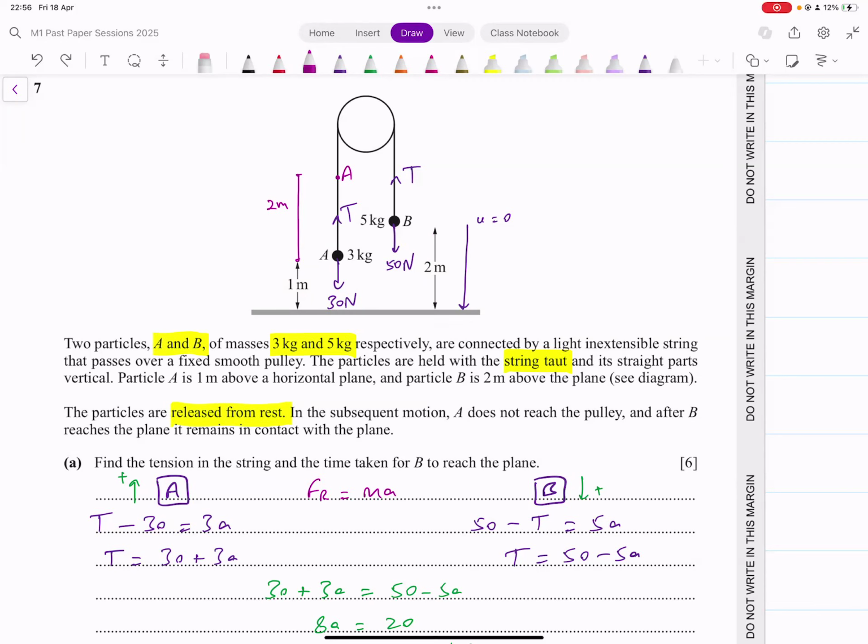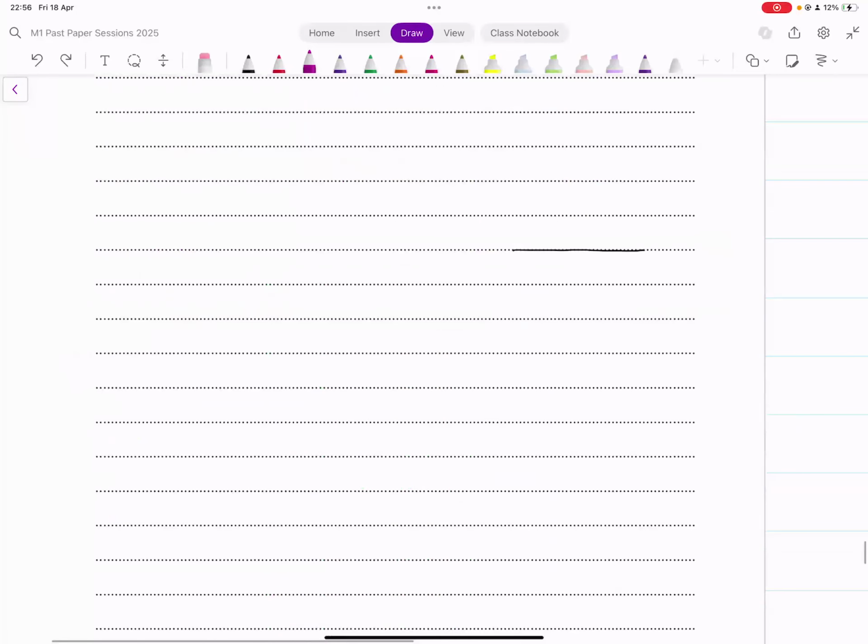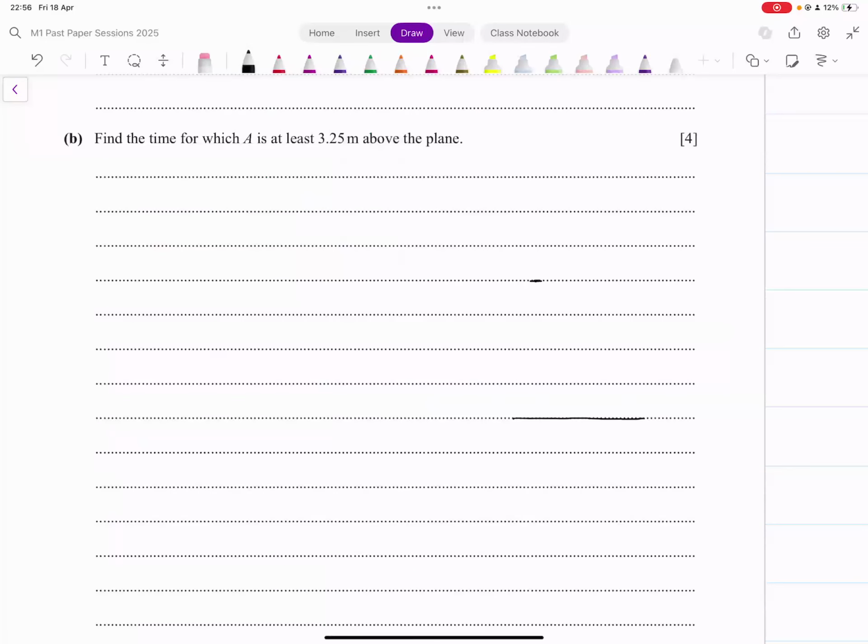So A at this point is at a height of 3 meters. Now at this point, the string will become slack because B has hit the ground. The string will no longer be taut. So now we can consider this situation. You have this particle A. It's here in this position.